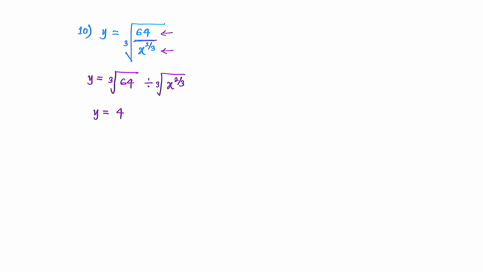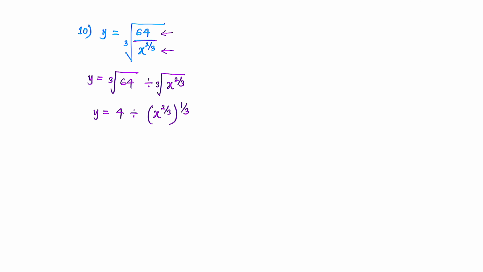So when you multiply 4 by itself 3 times, you get 64, divided by x raised to power 2 over 3, into 1 over 3.